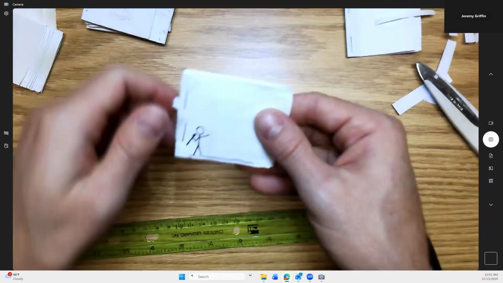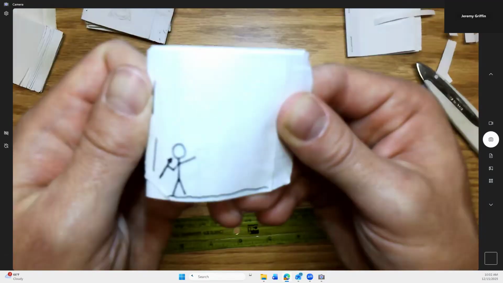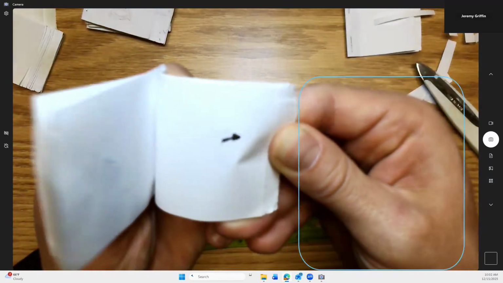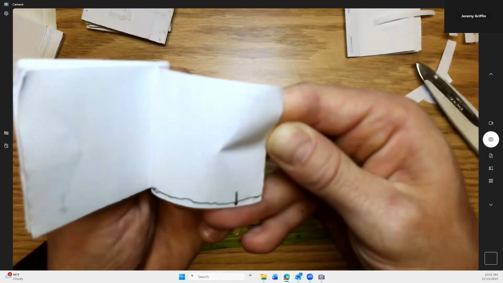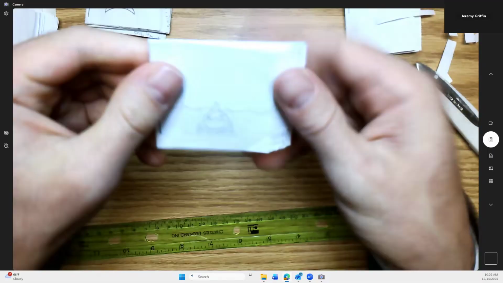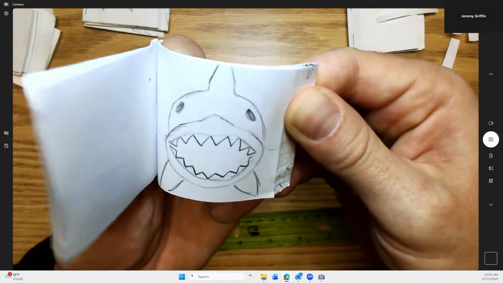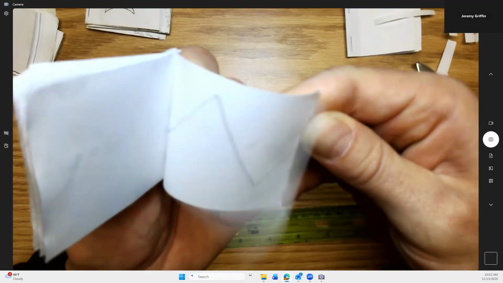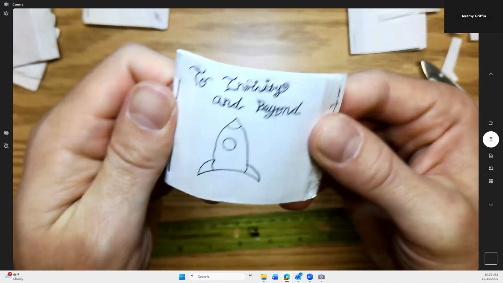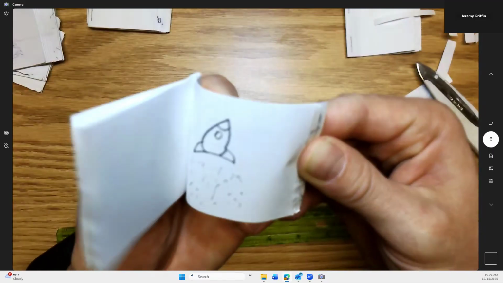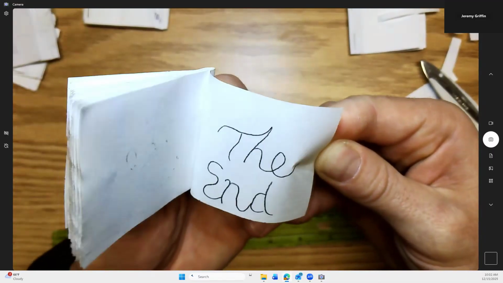How about this guy? It's just really cool. How about this guy? No. He's hungry. Oh yeah, no longer hungry. Rocket with no defense. Oh yeah.